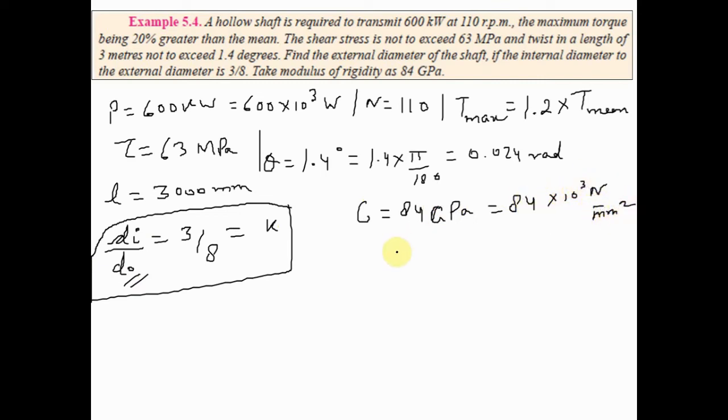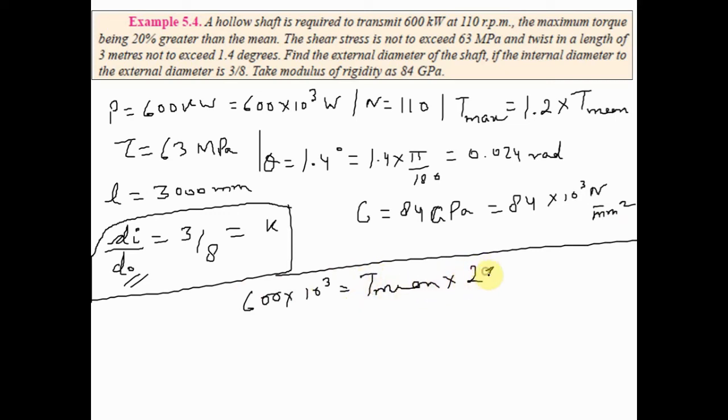Now let's proceed with the same principle, that power is equal to T omega. From there you have to calculate the value of T mean, then you have to calculate the value of T max. So power is given as 600 times 10 to the power 3, which is equal to T omega. So T will be T mean, times omega, which is 2 pi n by 60, where n is given as 110.